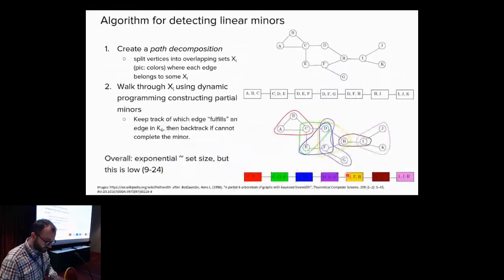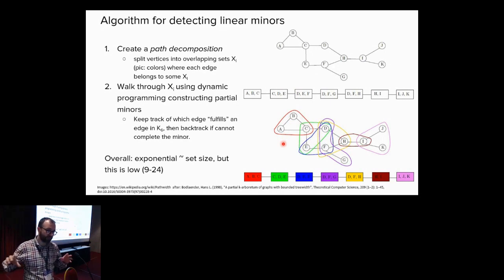I'm just going to very quickly say the general gist of the algorithm. We use something called path decomposition of the graph, which takes advantage of the fact that these graphs have a linear structure, and using this path decomposition, we can then construct those minors on the fly.